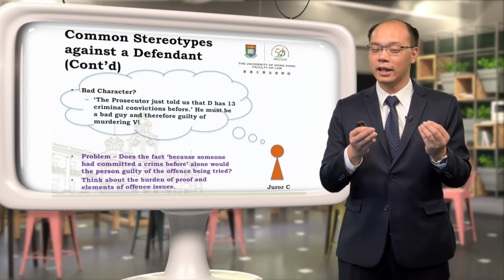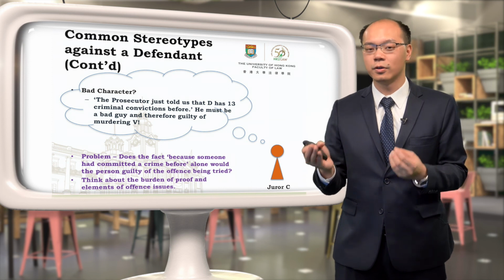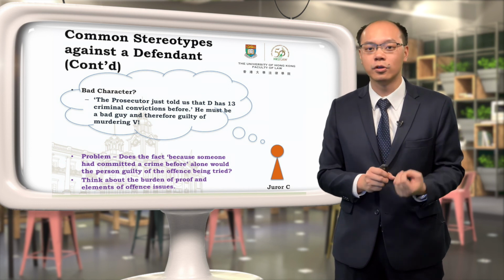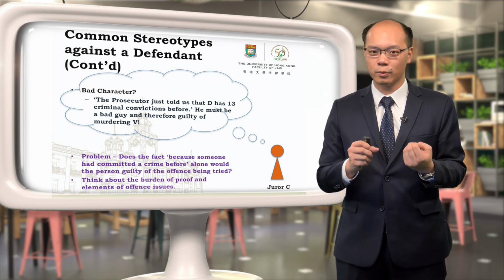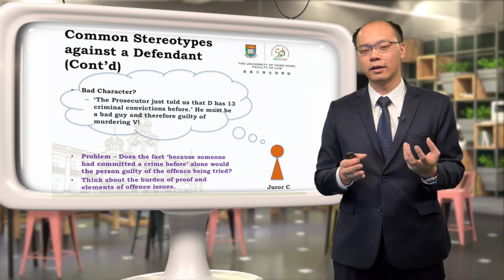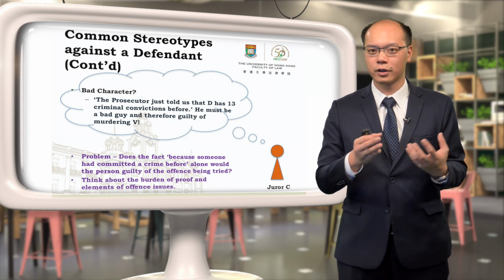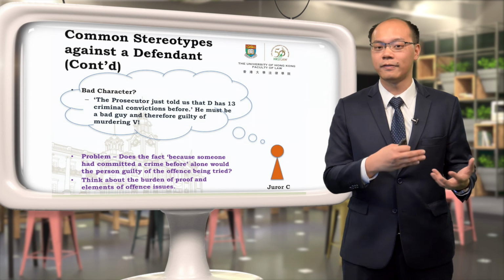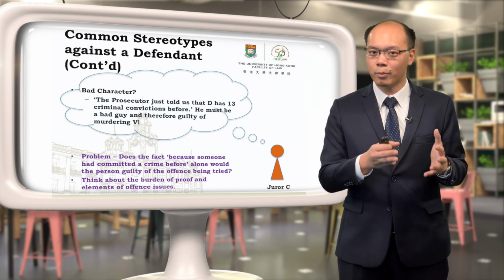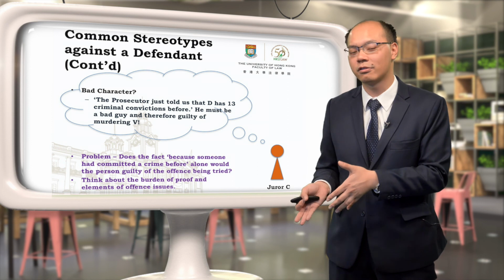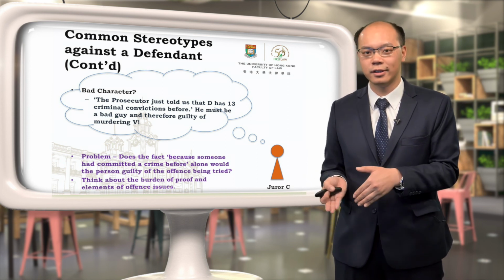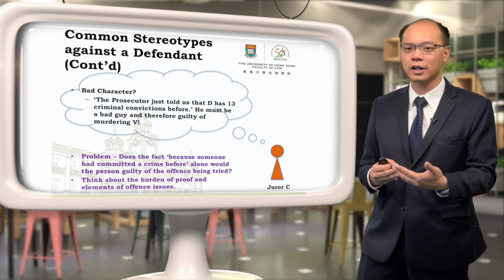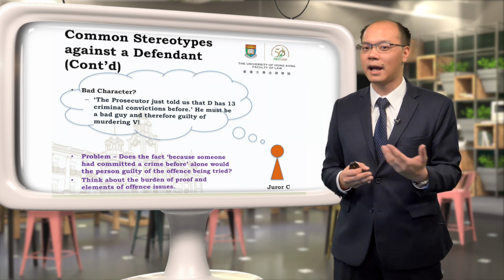Now, if we call this bad character evidence, and this piece of evidence showing the bad character of the defendant is available to you, well, when it comes to our daily life thinking, it's very easy for us to come to a conclusion that, oh, this is a bad guy because he has been committing a lot of criminal offenses in his life. And it will be more likely for him to be guilty of the current offense being tried. So he must be the killer of the deceased, and therefore he must be guilty, right? So again, this is another common stereotype drawn on the defendant's bad character.